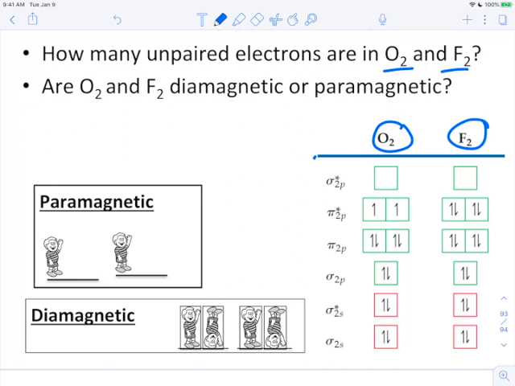All right. So starting off with our unpaired electrons, on the oxygen we have 2 unpaired electrons. And for fluorine we have no unpaired electrons.